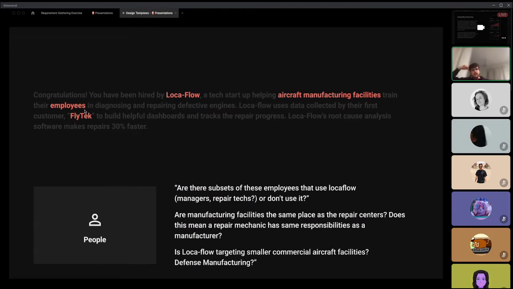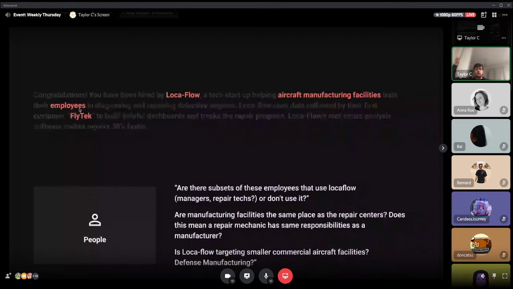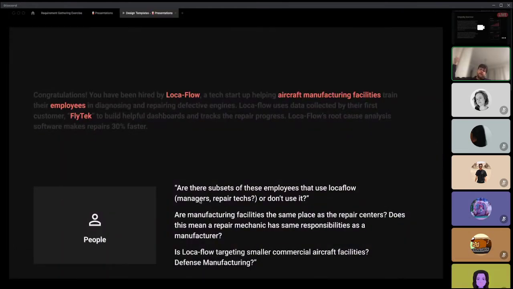That's where it gets a little vague for me. When they say employees, I think, is it the employees of those aircraft manufacturing facilities? Are there sub-demographics of those employees we should be considering? And who are those sub-employees? In my example, managers, repair technicians, is there other areas?